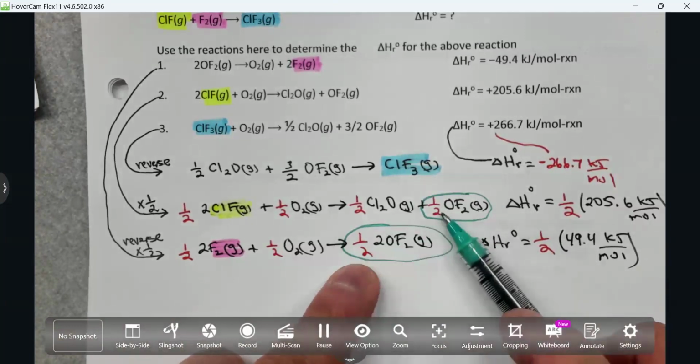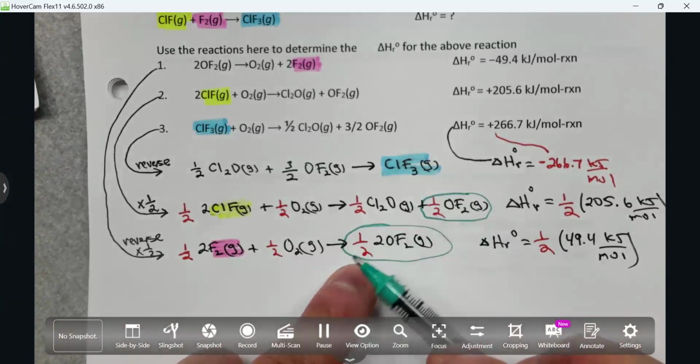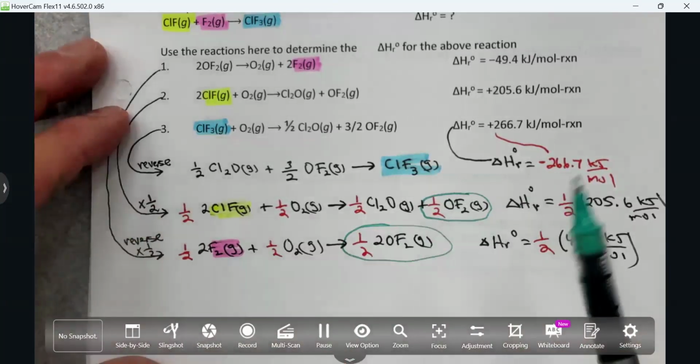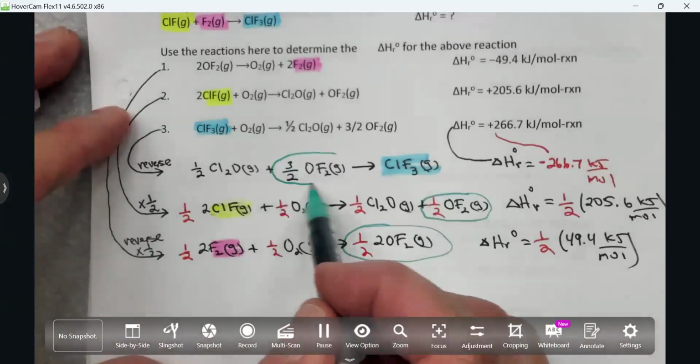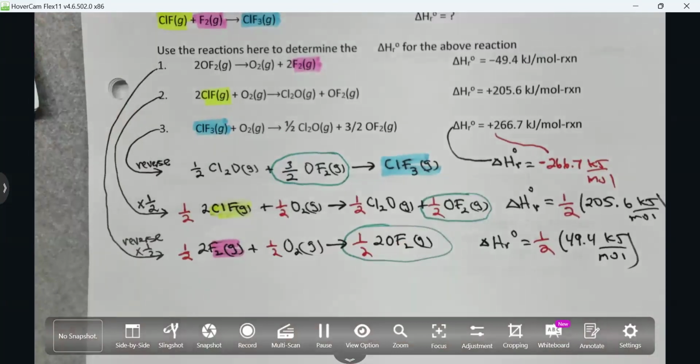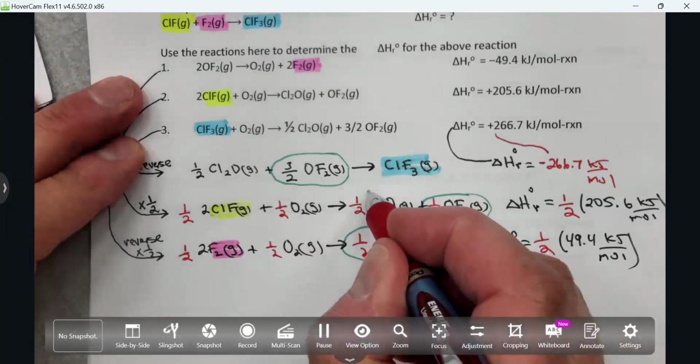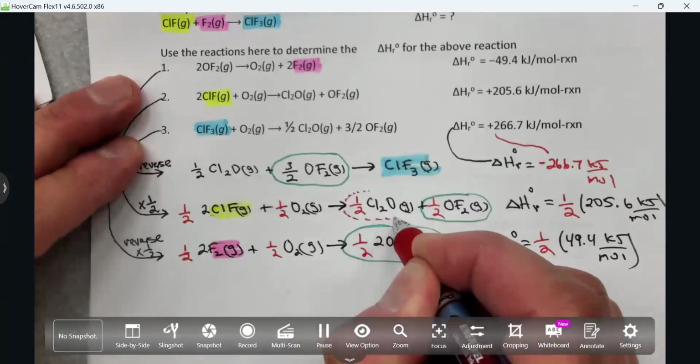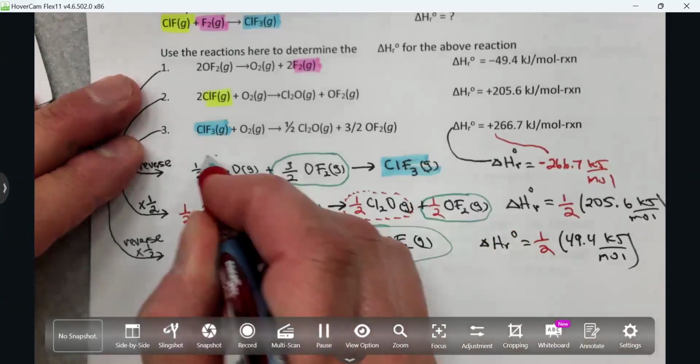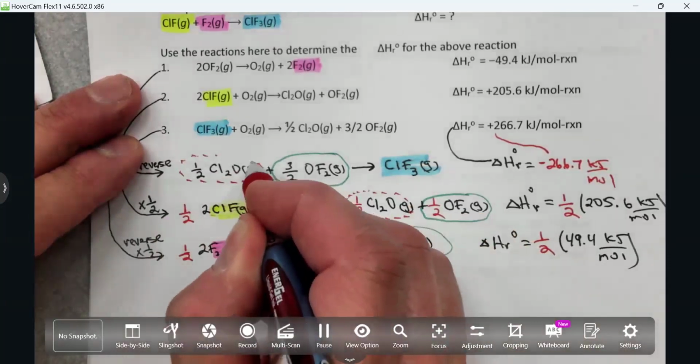This is 1, 1.5. And that's going to cancel out right there. Then this 1/2 Cl2O gas should cancel out right there.